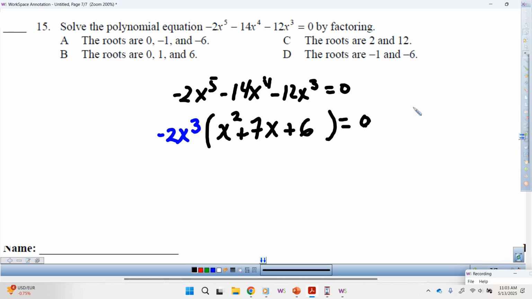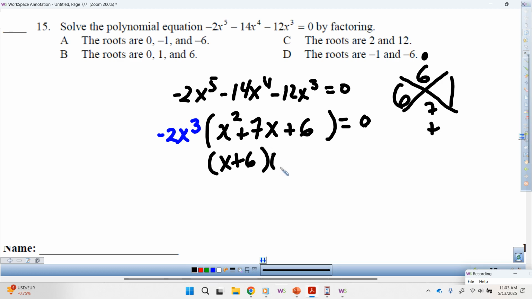We got 6 and 7. What two numbers multiply to give me 6 and add to give us 7? Mario? 6 and 1. So my factors are x plus 6, x plus 1, and don't forget the negative 2x cubed. All that equal to 0.